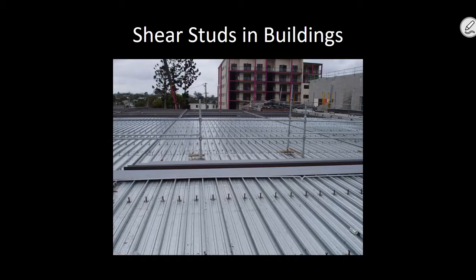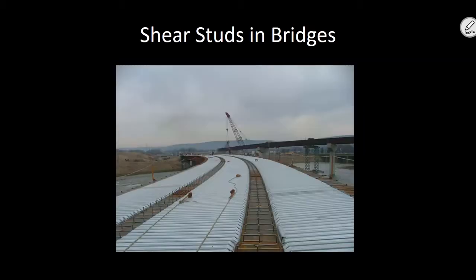Now, one thing that's different here is they're actually shooting the shear studs right through the deck pan, okay? In bridges, we don't do that. You've got your deck pan between the girders, and the shear studs are placed directly on them. In other words, we don't lay the deck pan directly across the beams. That's for a number of reasons. We have to set deck elevations and other fatigue-related issues.